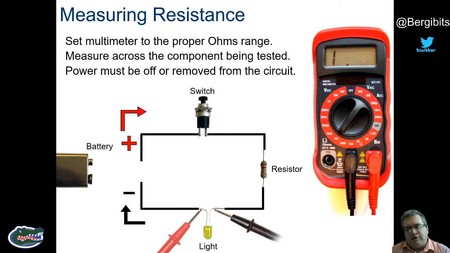And then you just go across the components to figure out what is the resistance of that component. And then you can figure out what is the voltage drop across that component and how much voltage it would take to get through all these components and still provide enough voltage to power up all the components.